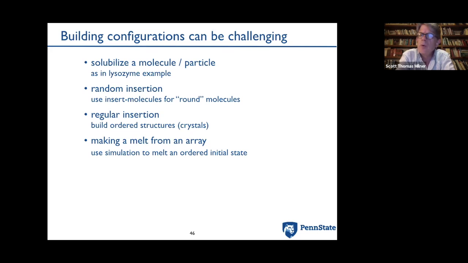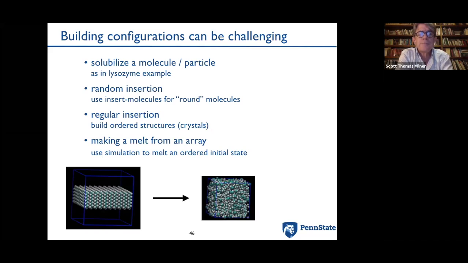And we leave plenty of room in there. And we put those things in there, and we know that the molecules are not going to be on top of each other because we build them that way. And then we let the simulation make the melt for us by turning on the simulation and slowly shrinking the box. Like that.